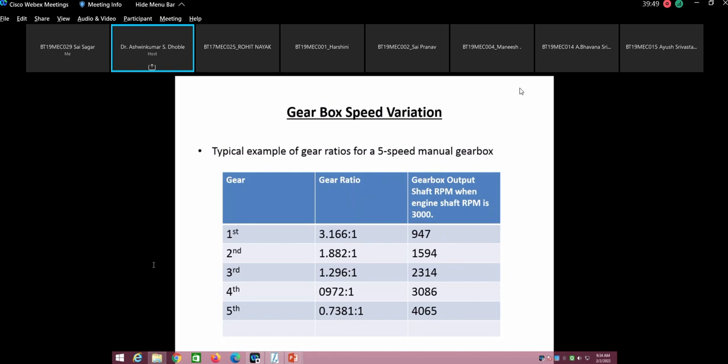Okay, with the electronics system in place, you don't have to go for the diesel engine. Let me tell you, for about 2 lakh kilometers, you don't have to touch any component of the engine. You just change the oil and run the engine, because the engines are being tested.